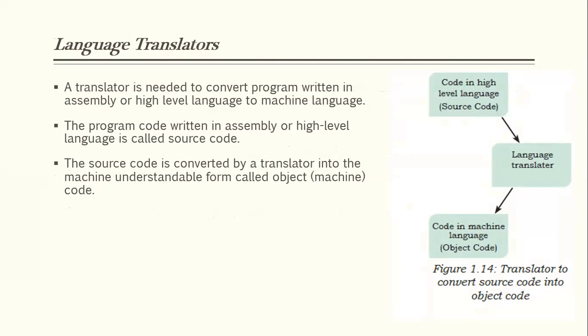So when we write code on the computer, that is called source code, because it's written in high level language. This code is translated by the translator into machine language, and this becomes object code. Look at the diagram: source code goes to the translator and becomes object code.